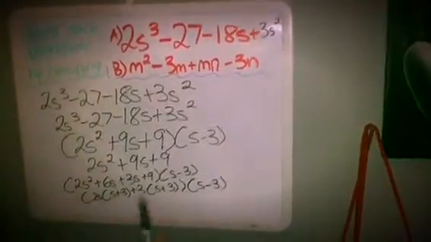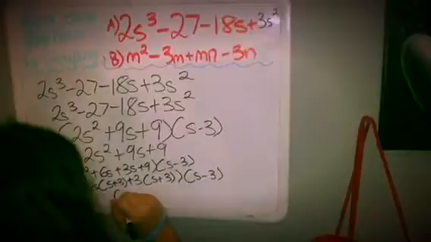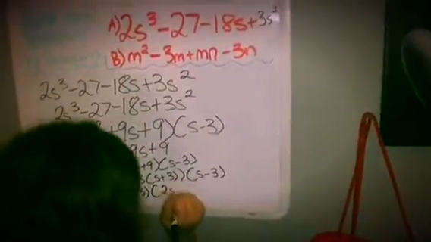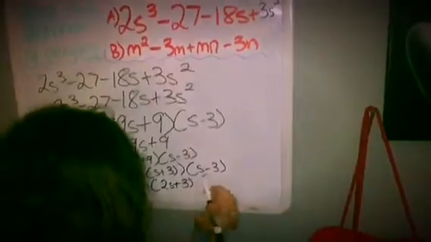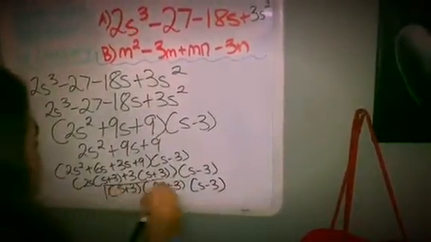Then we factor out s plus 3, which gives us parentheses s plus 3, 2s plus 3, and s minus 3, which is our answer.